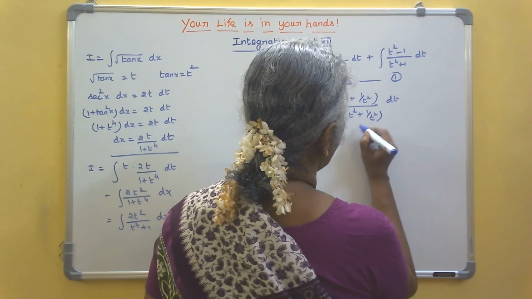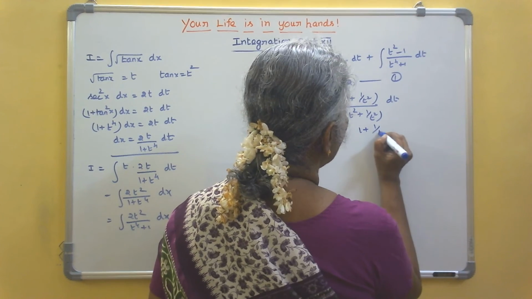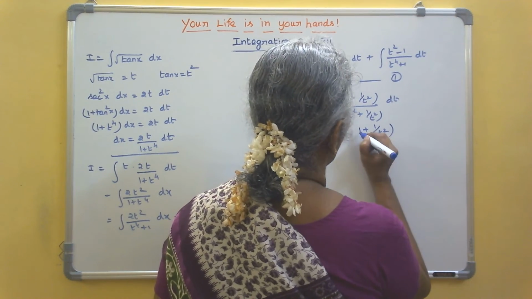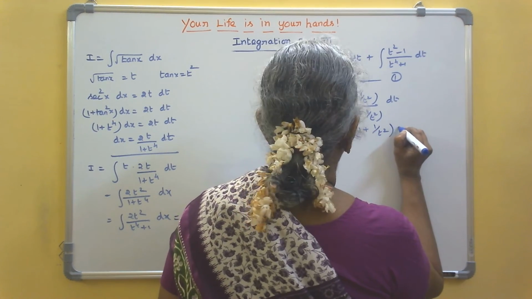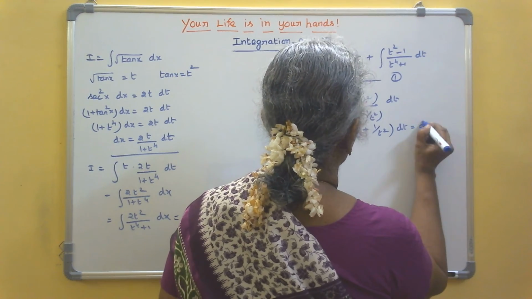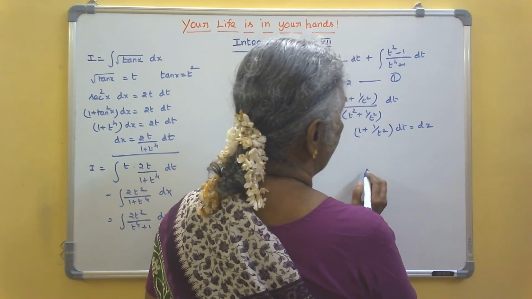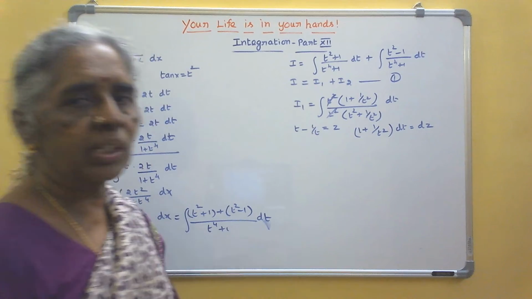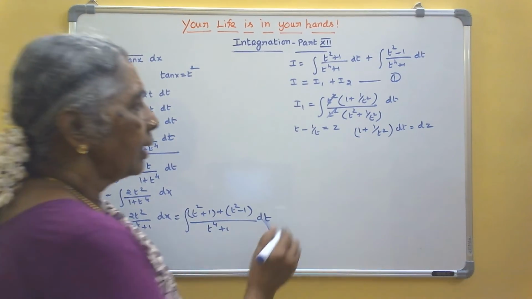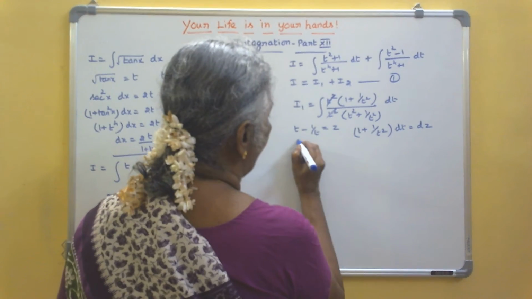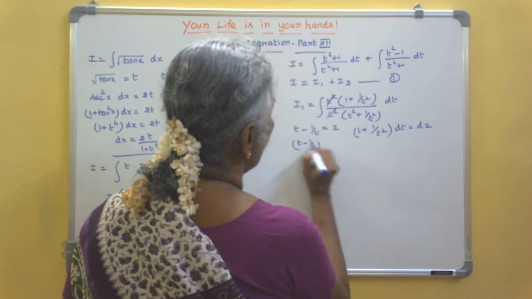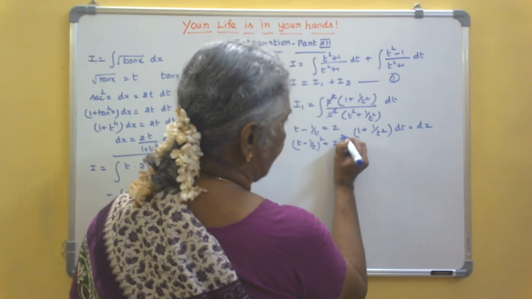So when I differentiate, I will be getting 1 plus 1 by t square dt, that will be equal to dz. So that numerator becomes now dz for me. Then coming to the denominator, we will square this. T minus 1 by t, the whole squared is z squared.